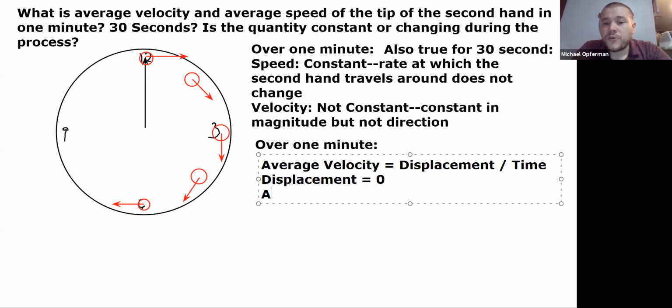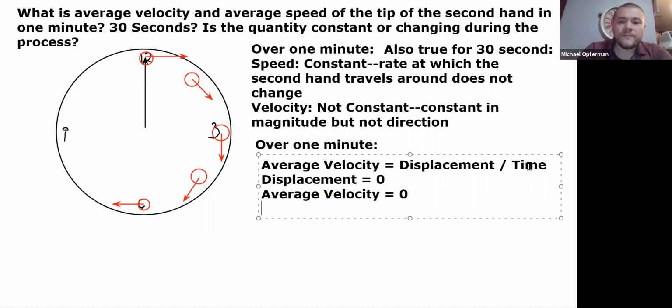So as a result, average velocity is also 0. That might sound weird, but it shouldn't, because that's just how these quantities are defined. The average velocity does not depend on the actual path taken by the object. It only depends on where it starts and where it ends. Since the object started and ended in the same spot at the 12, it had 0 displacement, so as a result, the average velocity was 0 because it didn't go anywhere.